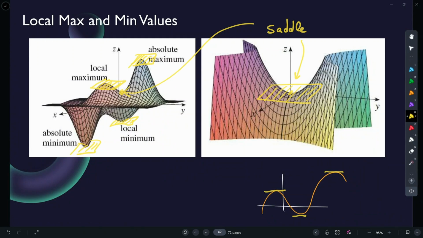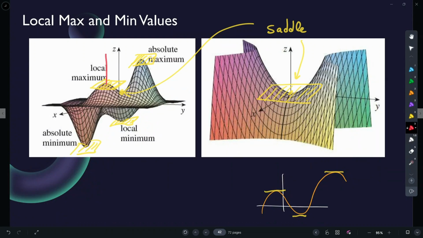Now, how are we going to tell these points apart? We want a tangent plane that is parallel to the xy plane, so we want a tangent plane whose normal is parallel to the z-axis.